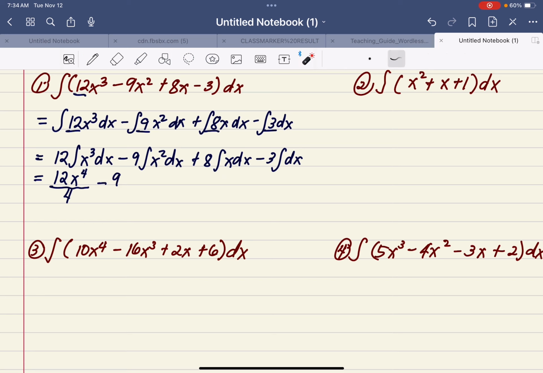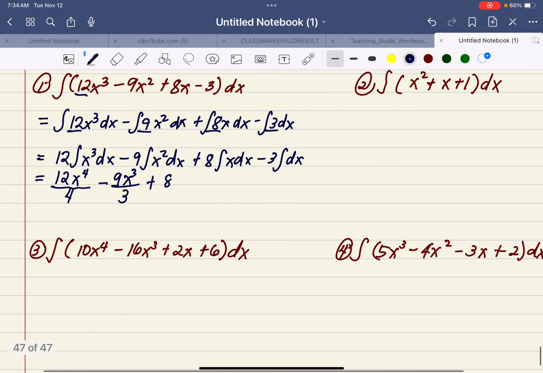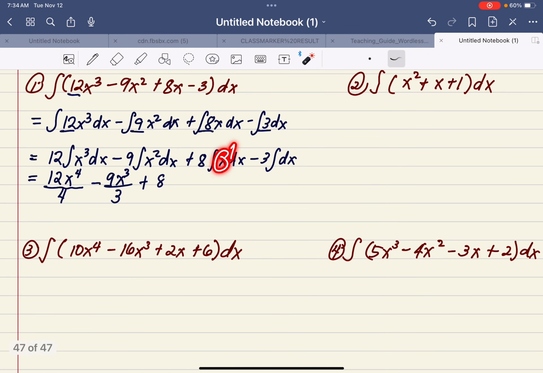This is squared, so plus 1, this will become x cubed over 3, plus 8. The exponent of x is 1, plus 1, so that will become x squared over 2, minus 3. The antiderivative of dx is x plus c.